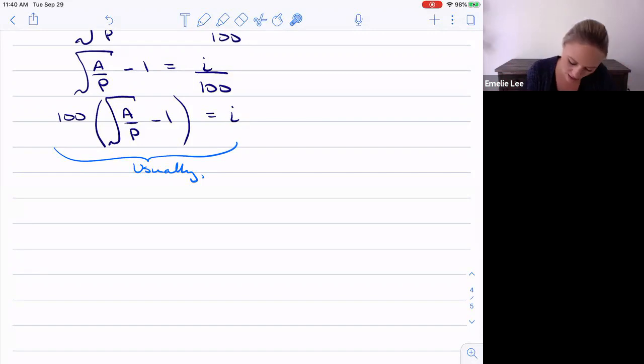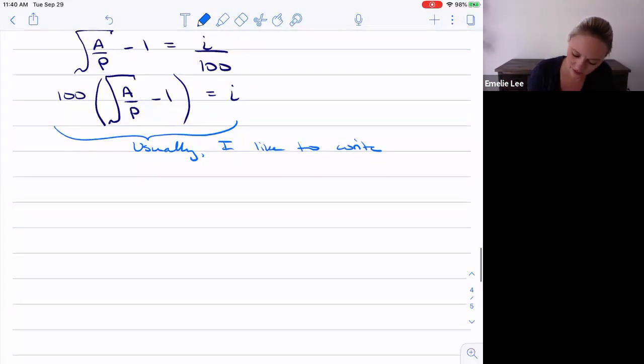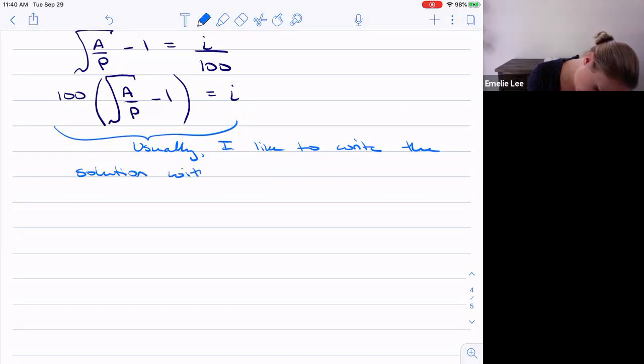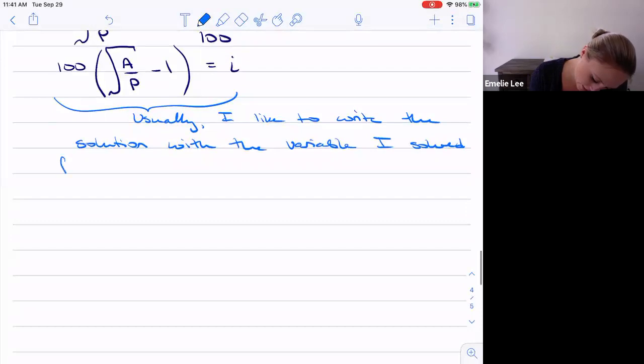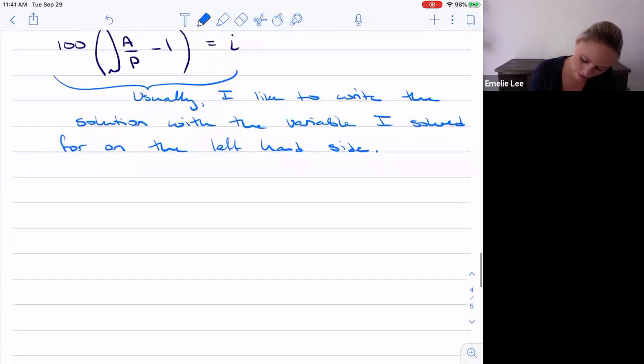And so usually I like to write the solution with the variable I solved for on the left-hand side. Okay, so just recall A equals B is the same as B equals A.